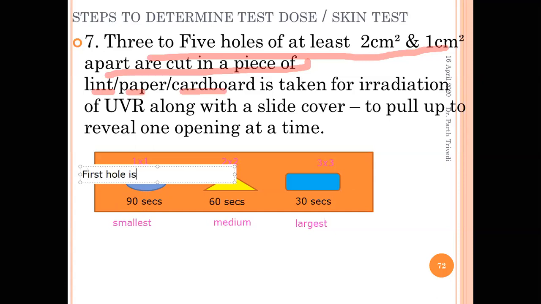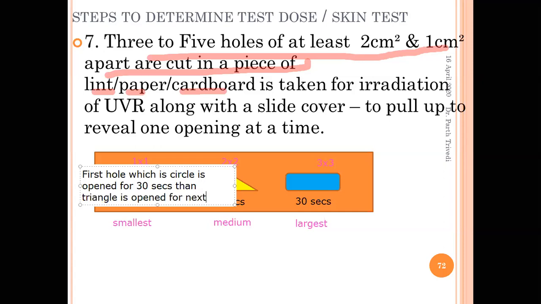First hole, which is circle, is opened for 30 seconds. Then triangle is open for next 30 seconds, and then rectangle is open for next 30 seconds.